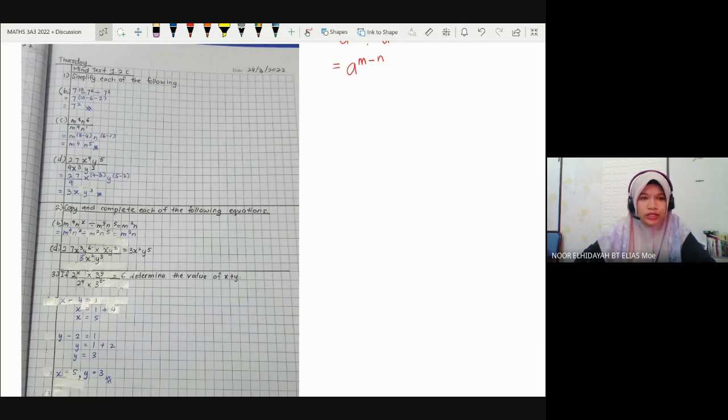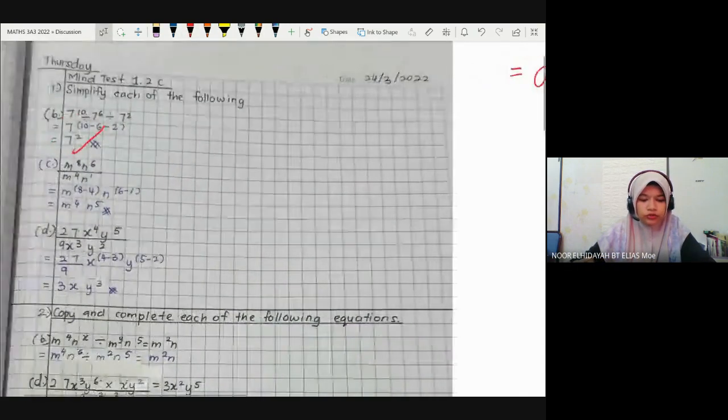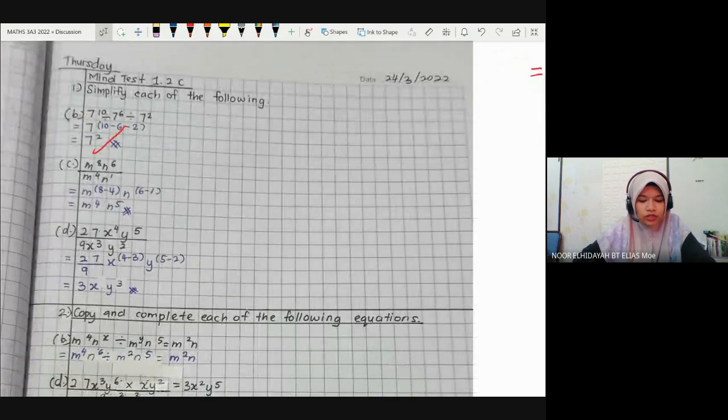So you just minus the index because they have the same base. Make sure you start from the left to the right. 10 minus 6 minus 2. So your answer is 7 to the power of 2.